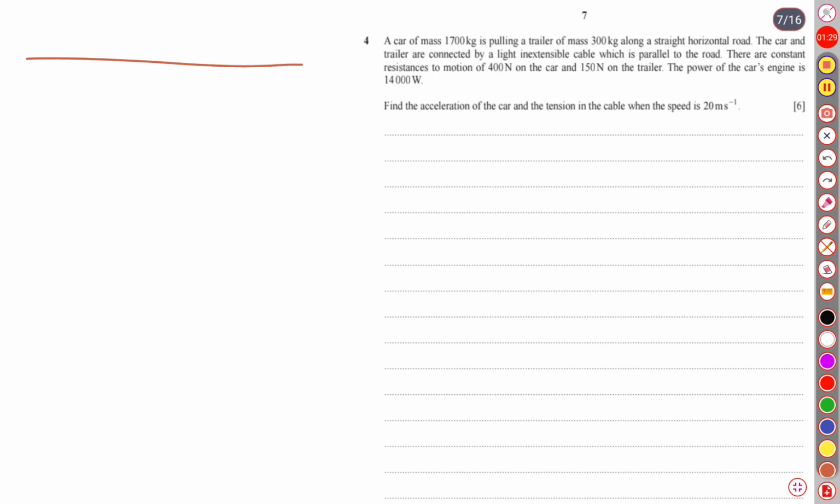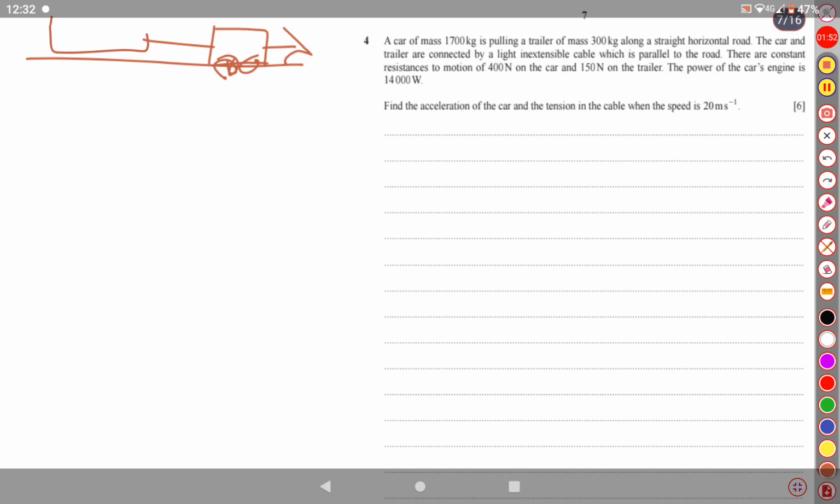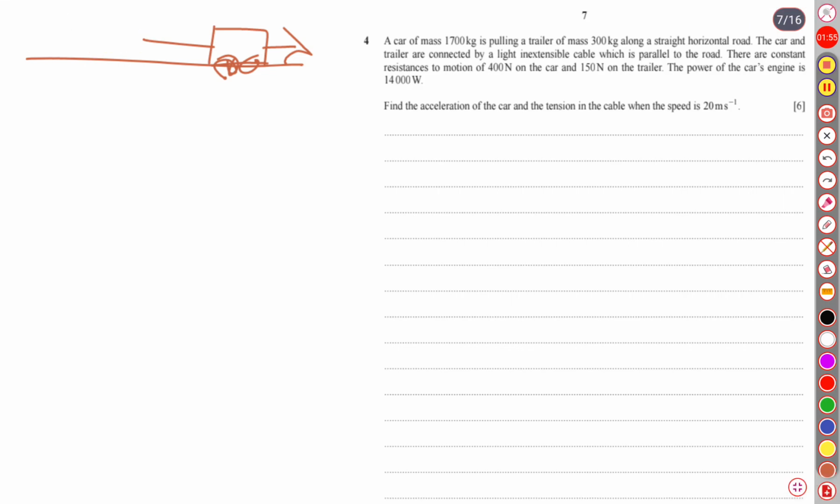Suppose this one is the car, which is moving onward horizontally, and then it is pulling a trailer. Suppose this is the trailer, and in between them there is tension working, that means this inextensible cable.